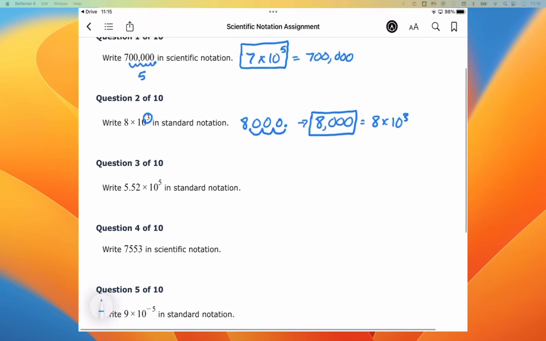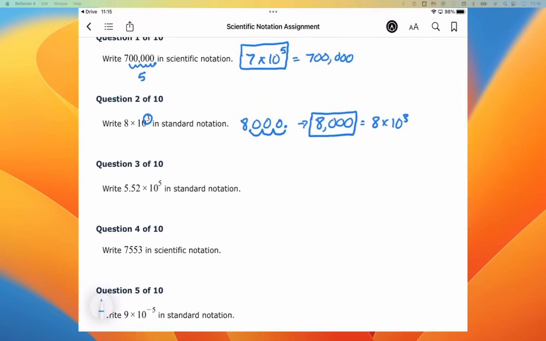So, on to number 3. Exactly the same as number 1 and number 2, except that this time we have a couple numbers after the decimal. That does not change anything. We're just looking at how many places our decimal needs to move. In this case, it's positive, so that's a movement to the right. So we start with what we are given, 5.52, and we need to move that decimal 5 places to the right.